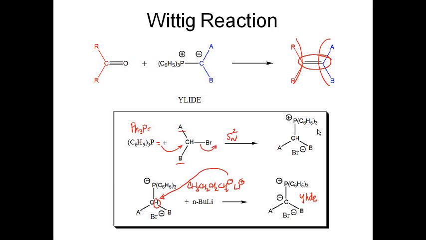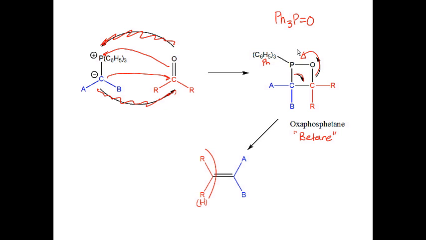And the mechanisms of addition and elimination we've talked about. The Wittig reaction, very good reaction for bringing a ketone and an alkyl halide together after you've converted the alkyl halide to the ylide. Couple those two pieces together through a double bond. A very, very powerful reaction.